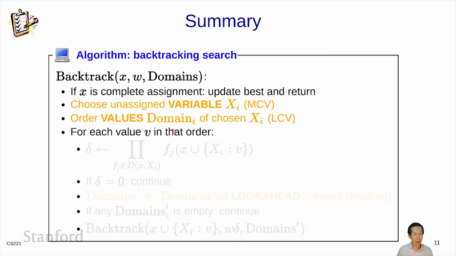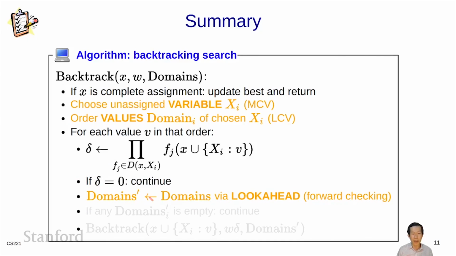And then we're going to compute the updated weight, as we discussed before. And then we're going to update the domains via one-step lookahead, aka forward checking. And then if the number of elements in any domain is 0, then we stop there and don't recurse, otherwise we recurse.